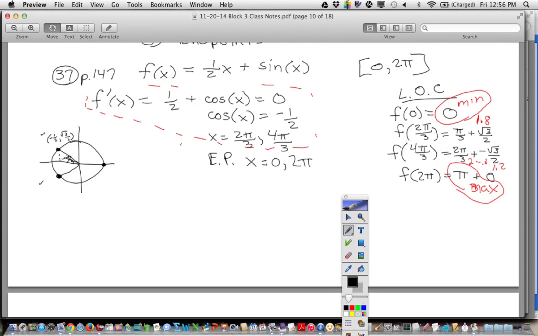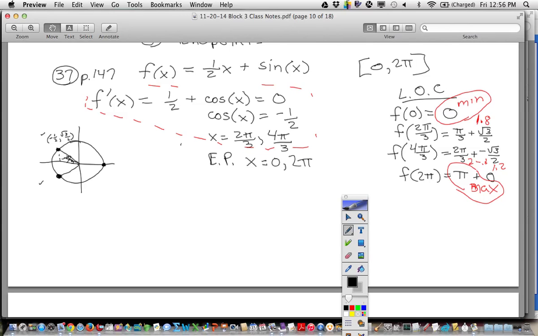Now, I will say I did not do all of 37. I don't know if you carefully looked at the directions on 39. You may not have, because I told you 39 was going to be just like 37 that we did. I only did one part of 37. I did the global max min. It also asked for the local max min, and it asked for the inflection point.